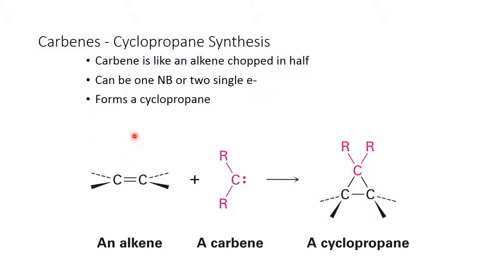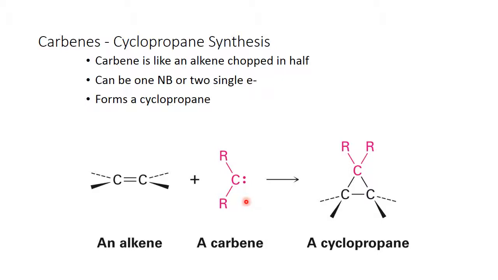One way of looking at it is to chop an alkene in half, and you would make two carbenes if you did that. The double bond would be cut in half, giving you two free electrons. One way of looking at this is to consider that to be a non-bonding pair, or you can have it so that there are two single electrons in separate orbitals.